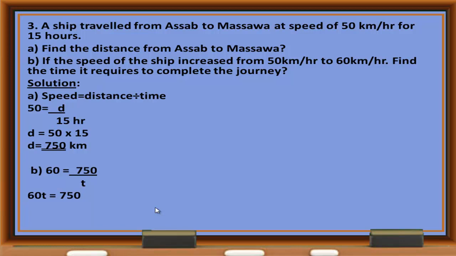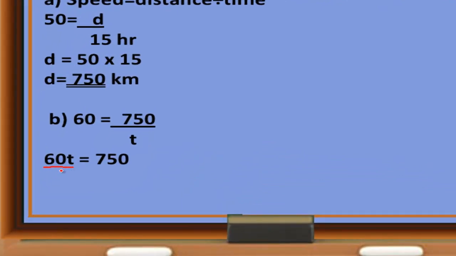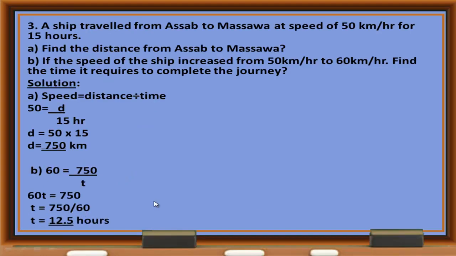Divide both sides by 60. This 0 will be cancelled. T is equal to 12.5.